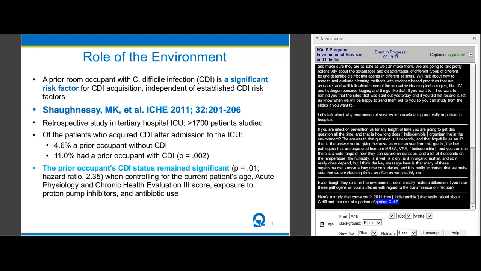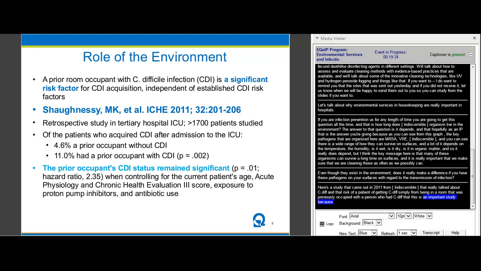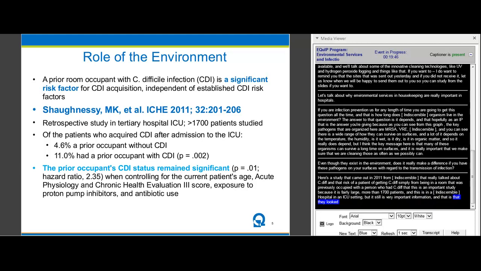And this is an important study because it's fairly large, more than 1,700 patients, and this is in a tertiary hospital in an ICU setting, but it still is very important information, and that is that they looked at patients who were admitted to the ICU, and they tested them for C. diff within 48 hours of admission, and then again, they checked back 30 days later.